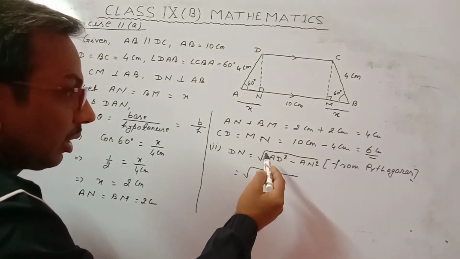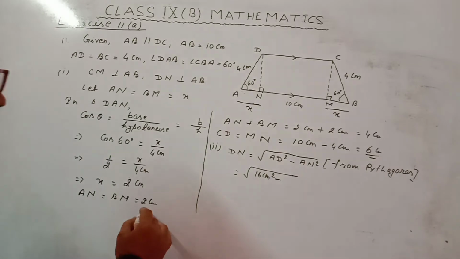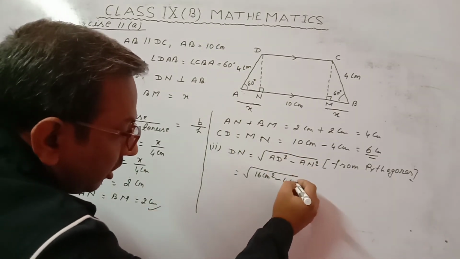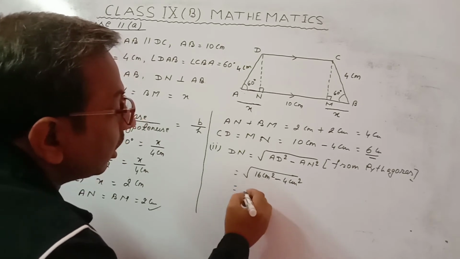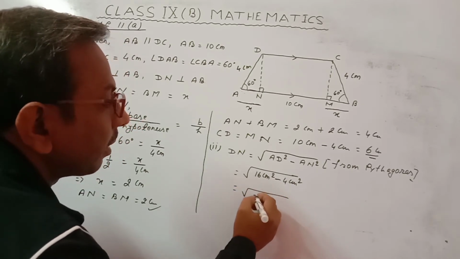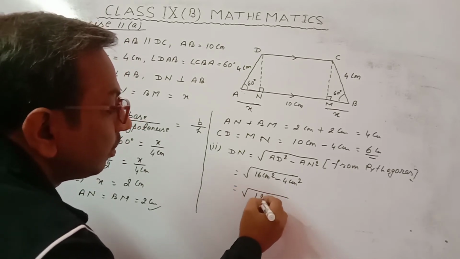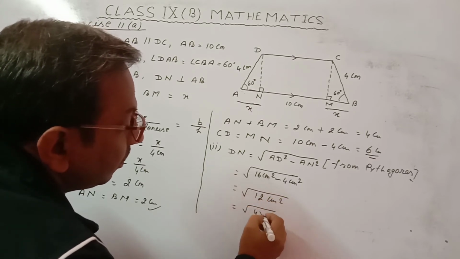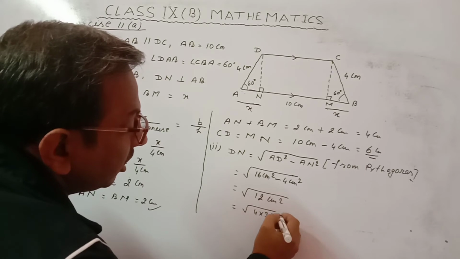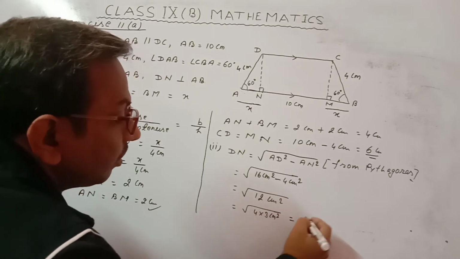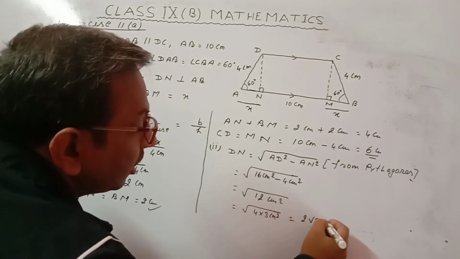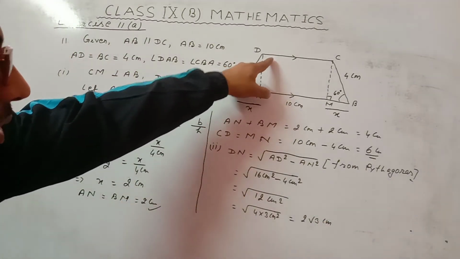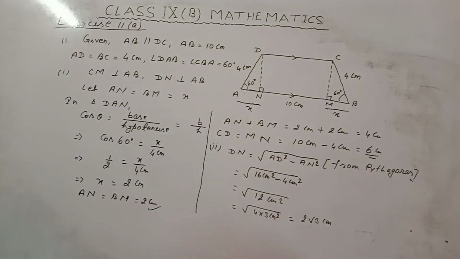AN we have got already, AN equal to 2 centimeter, so AN square means 4 centimeter square. You can calculate it, you will get 16 minus 4, 12 centimeter square. So we can write it as 4 into 3 centimeter square. Square root of 4 will be 2 root 3 centimeter. This became the distance between AB and CD.